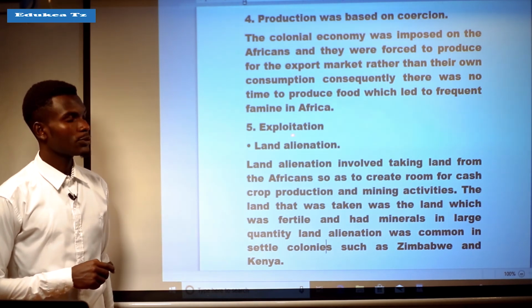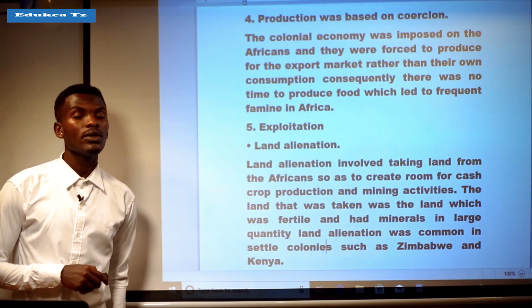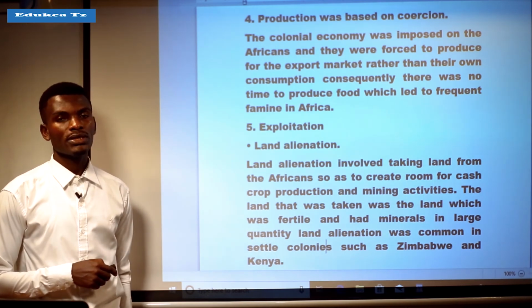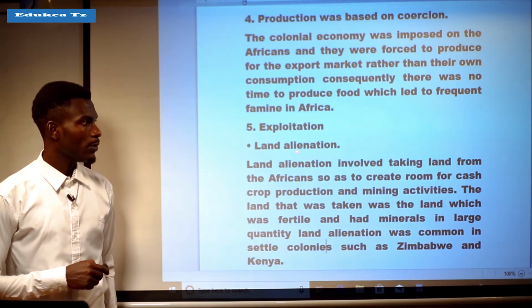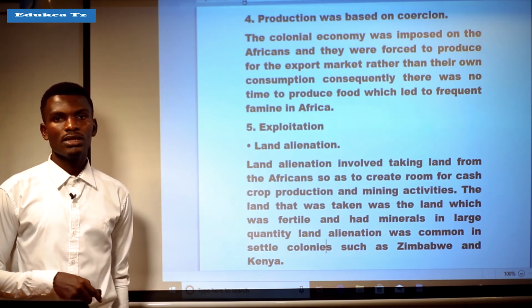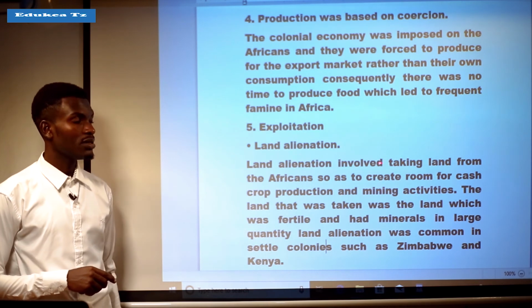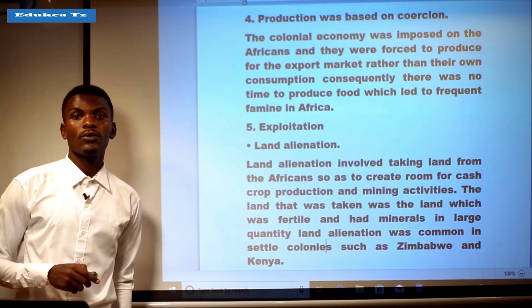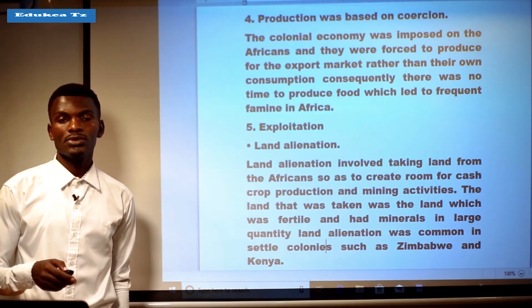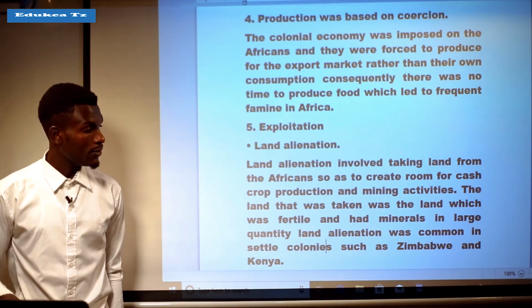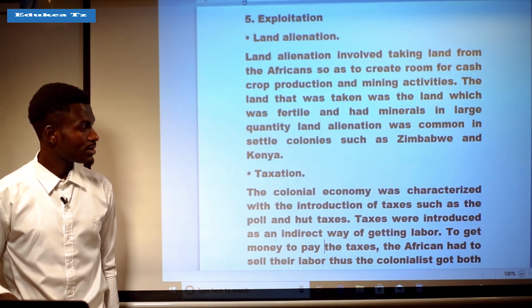Another was exploitation. It means that colonial economy was exploitative in nature, whereby we can see exploitation in many aspects, like land alienation. It means that the land of Africans was taken by the colonialists to establish plantations. Another was taxation.